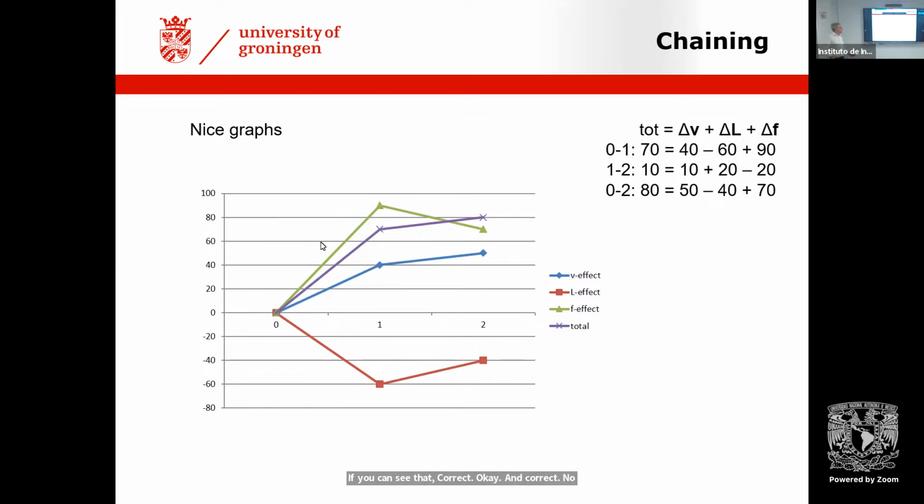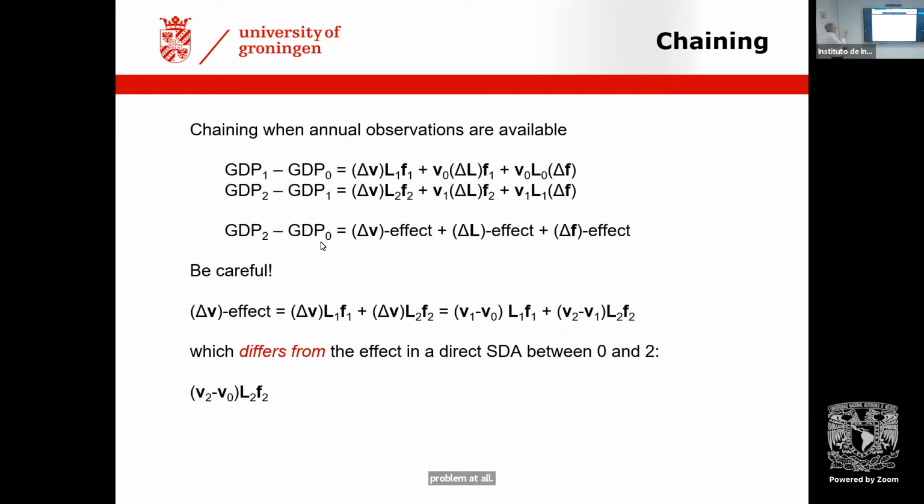But you should realize that, be careful. The delta V or the delta L or the delta F effect differ from the effect in a direct SDA. A direct SDA would look at GDP2 minus GDP0. In that case, the delta V effect would be the change in V weighted with the weights in period 2.